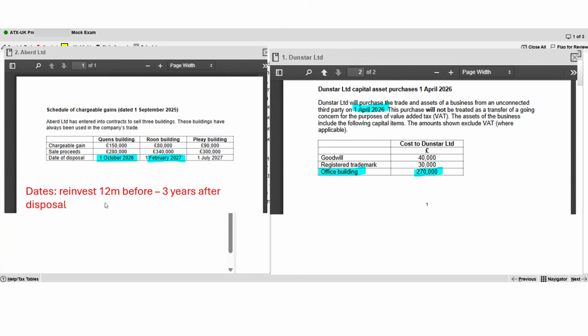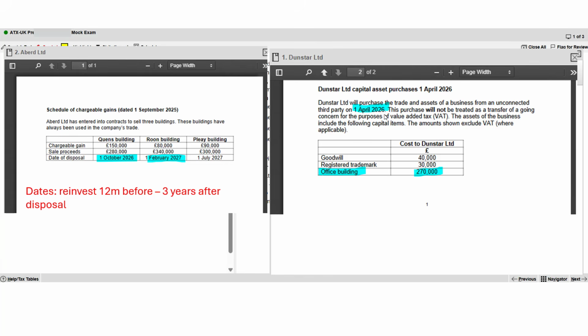And we have to reinvest our proceeds within the 12 months before the disposal through to the 3 years after. So the reinvestment here is occurring on the 1st of April 2026. The Quens building, we've got sale on the 1st of October 26. So April 26 is within the 12 months before that. The Roon building, 1st of February 27.